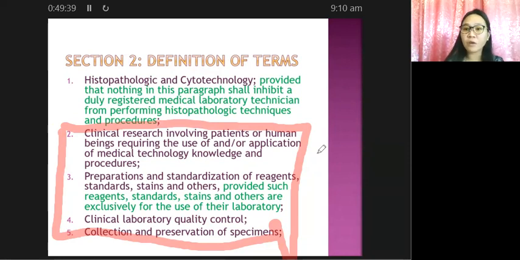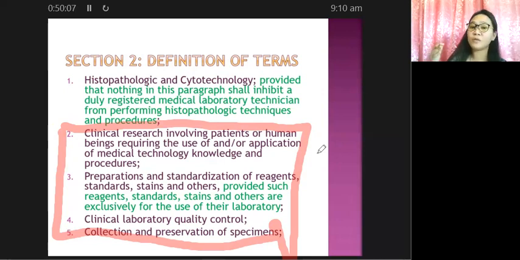Collection and preservation of specimens. Is this performed by medical technologists only? No. There are instances when physicians and nurses can also collect and preserve specimens. For example, in the collection of your specimen for drug analysis, there is a trained personnel for that.